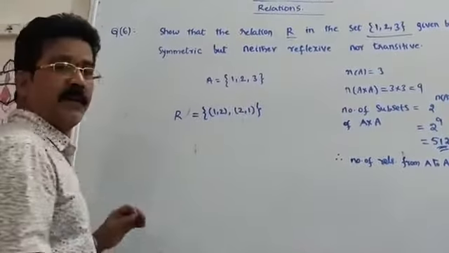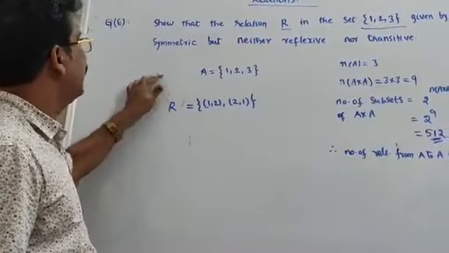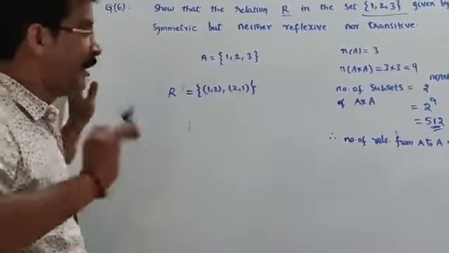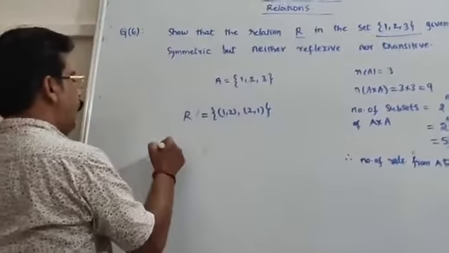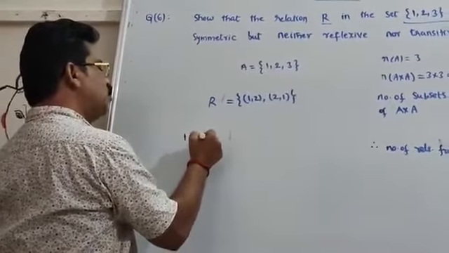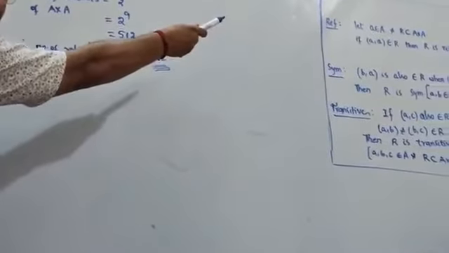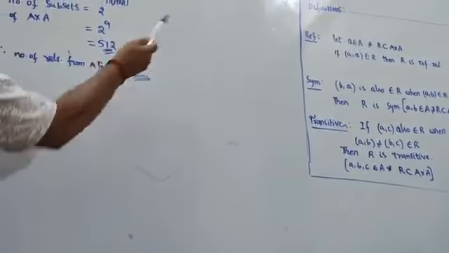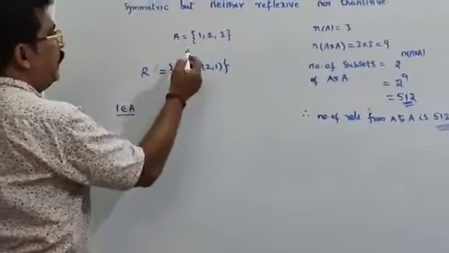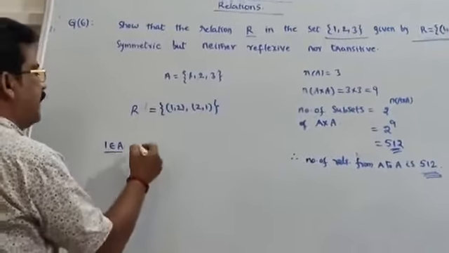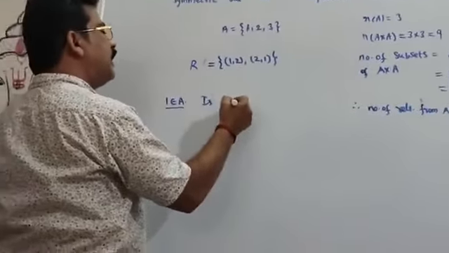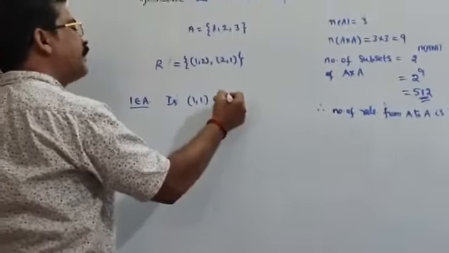Okay. Now, what is the question? Show that this R is only symmetric. First, 1 belongs to capital A. You see the definition of reflexive there. So first take 1. 1 belongs to capital A. Is (1,1) belonging to capital R?